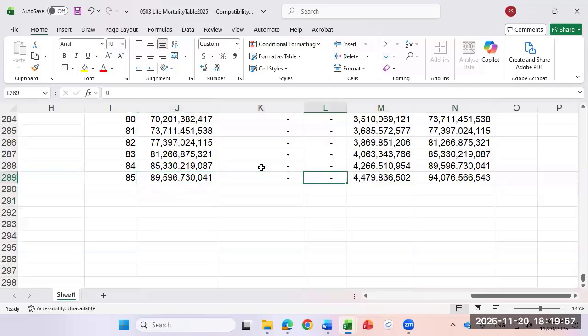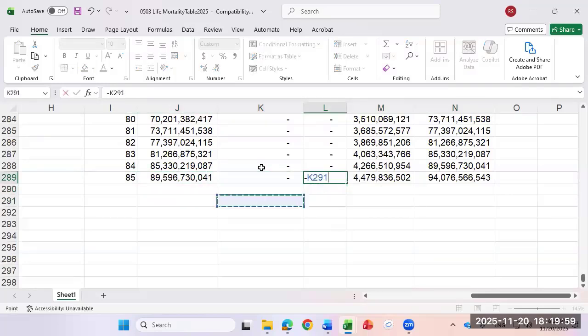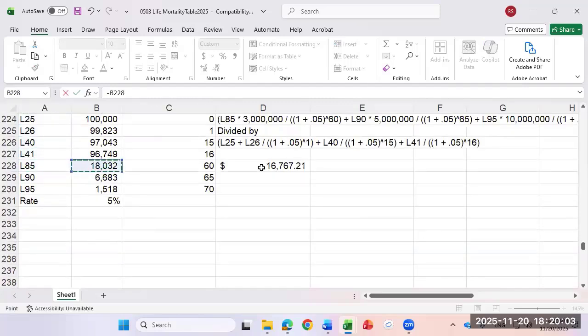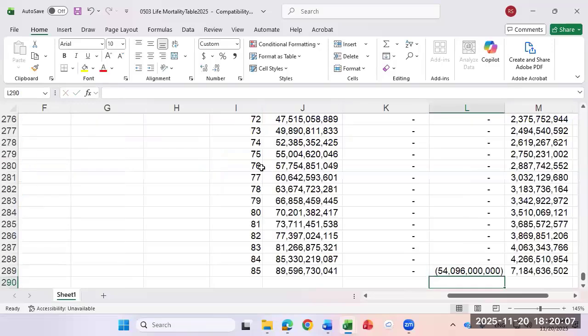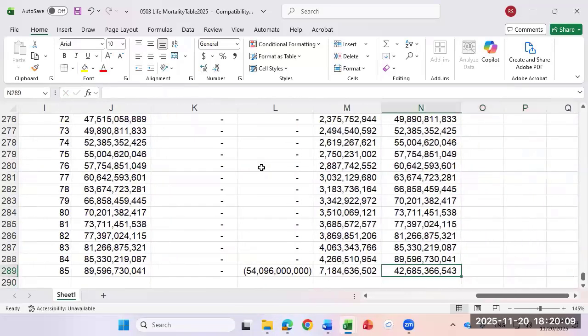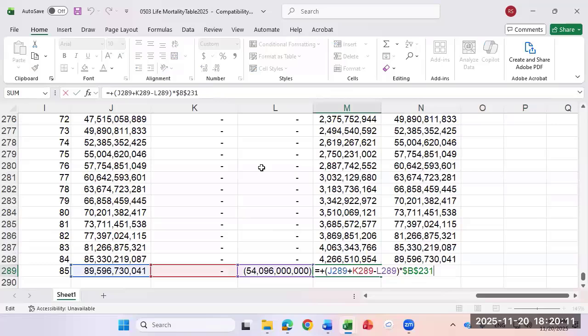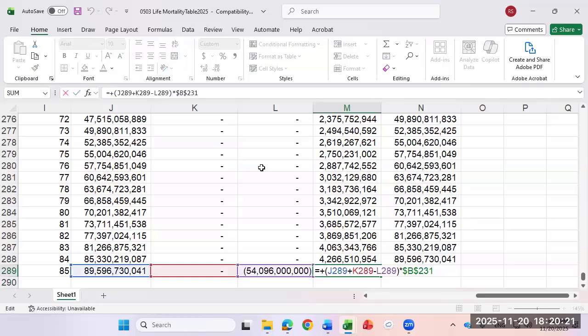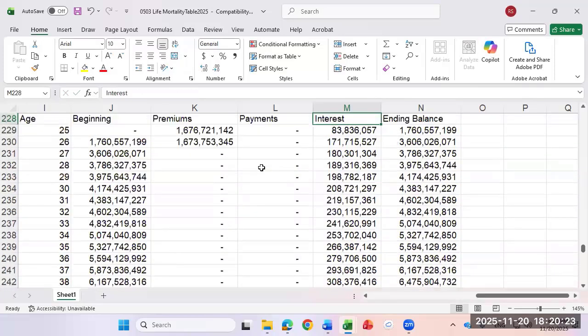So what happens at age 85? At age 85, we're going to pay the age 85 people $3 million. And that's in our sum, right? Because we're going to pay this at the beginning of the year, so we need to subtract it out. We earn interest on that. Oh, I made one error.